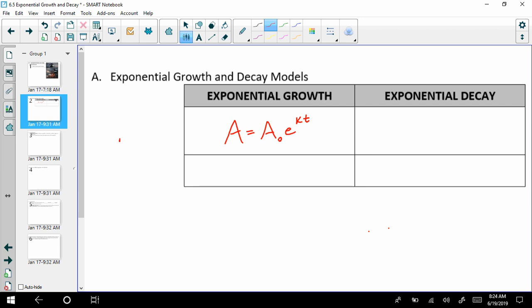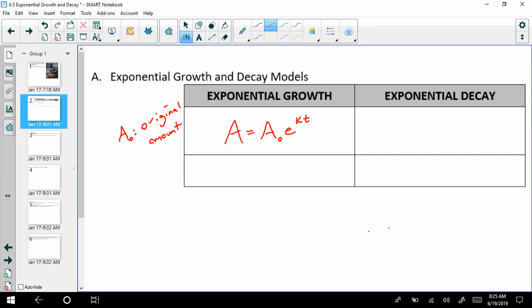This little a sub 0 is one term, and that is going to represent our original amount, how much we started with.